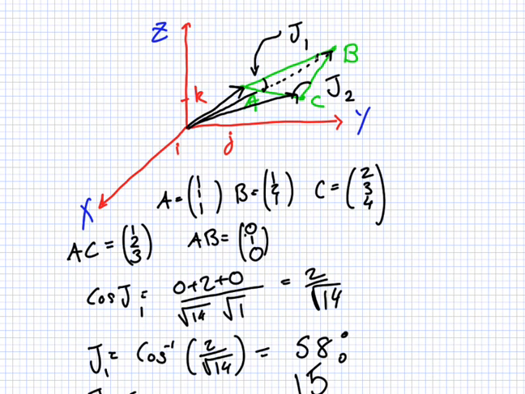Okay, finally, J3. Can we just make 100 into 9? Nope. I want you to do it using the dot product.